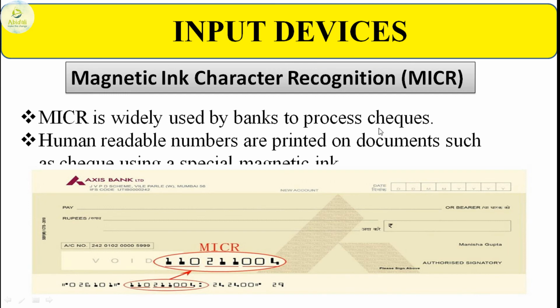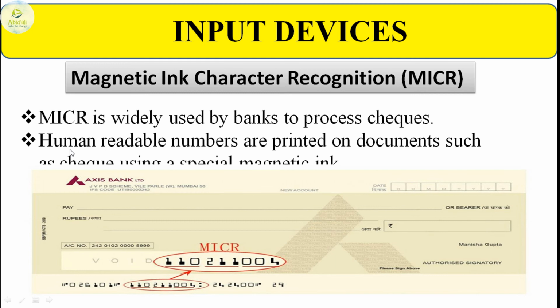The checks that we sign are processed technically, with the help of software, by a device called Magnetic Ink Character Recognition. The one-mark question that you will get here is the full form: expand MICR. Magnetic Ink Character Recognition is the full form.